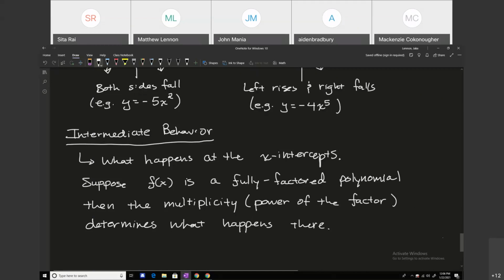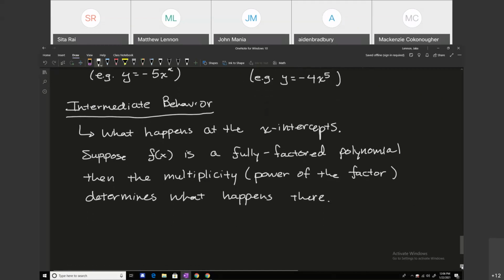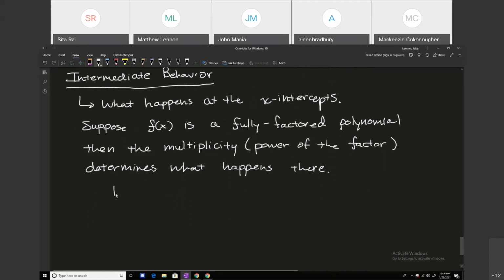So there's just two cases here, whether the multiplicity is odd or the multiplicity is even. So if the multiplicity is odd, then we cross the x-axis.